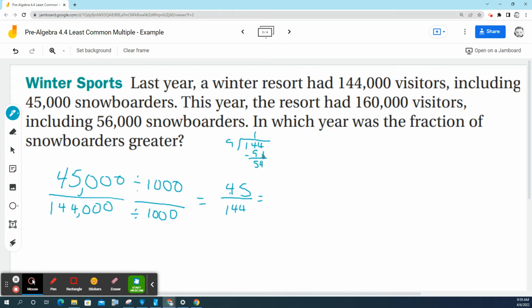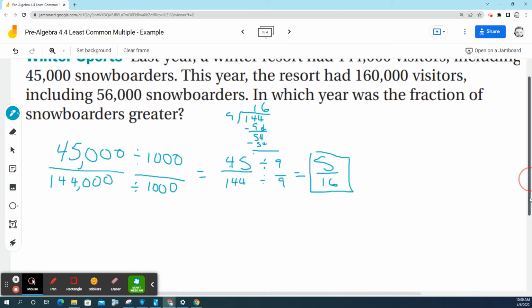Lower my 4. 9 times 6 equals 54, right? So it goes into it 16 times. So if I divide the top and bottom by 9, I get 5 over 16. Okay, so that's the first ratio.